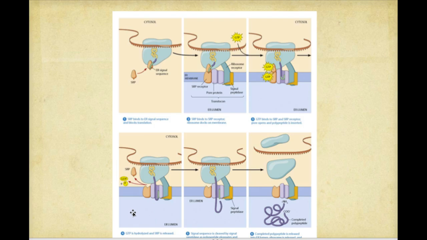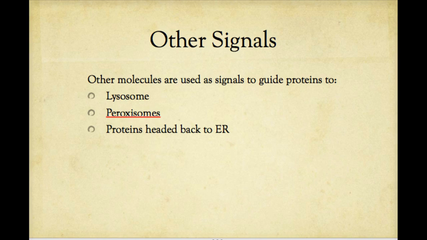This is going to release the new polypeptide into the lumen of the RER. So any protein that's destined to be co-translationally imported into the RER is going to have 15 to 30 amino acids at its N-terminus that act as a signal.